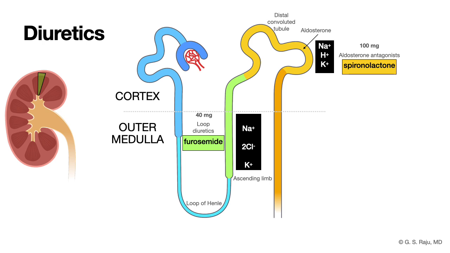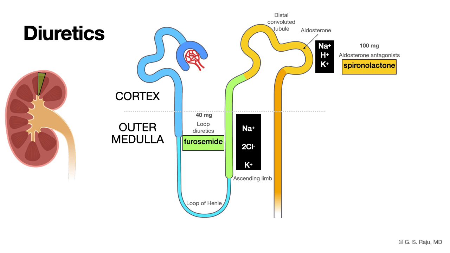So the patient is already on a salt restricted diet, less than 2 grams of sodium per day, and you start them on a combination of spironolactone and furosemide. This will be helpful to mobilize the fluid, and you monitor for a week to see whether the patient is losing weight.